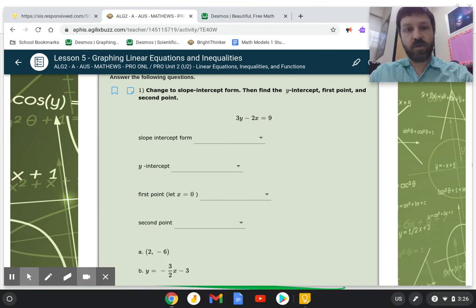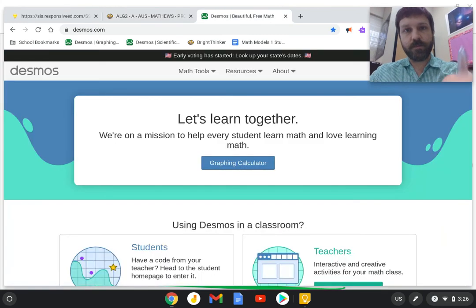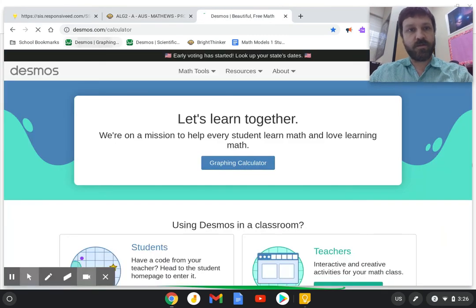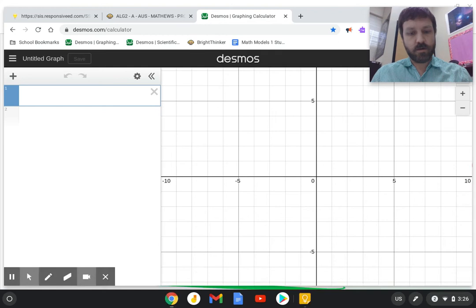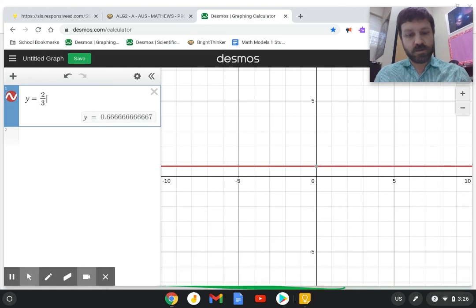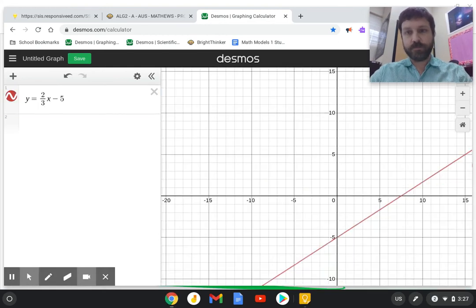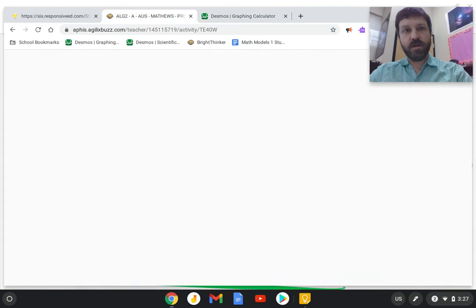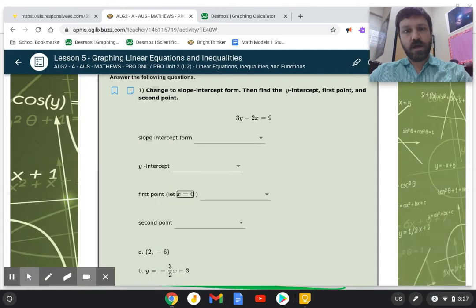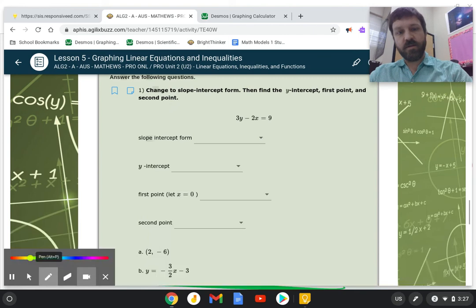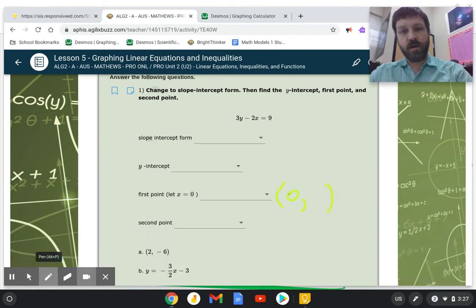Then it says first point, let x equal 0. Now this is where I recommend jumping over to the graph. Let's go to the graphing system, and we're going to graph y equals 2/3 x minus 5. So I'm going to go ahead and put that in here: y equals 2/3 x minus 5. So here's my graph. When it says let x equal 0, that means I need to find the place on the graph where we have 0, comma, and then whatever that number is.